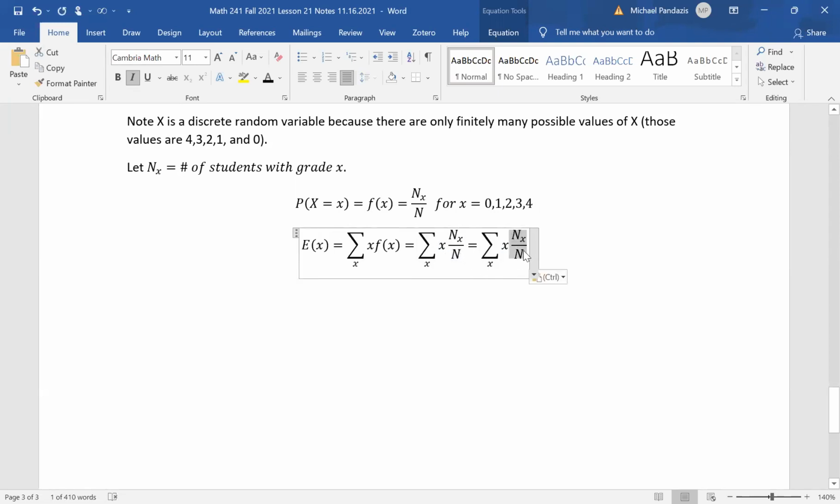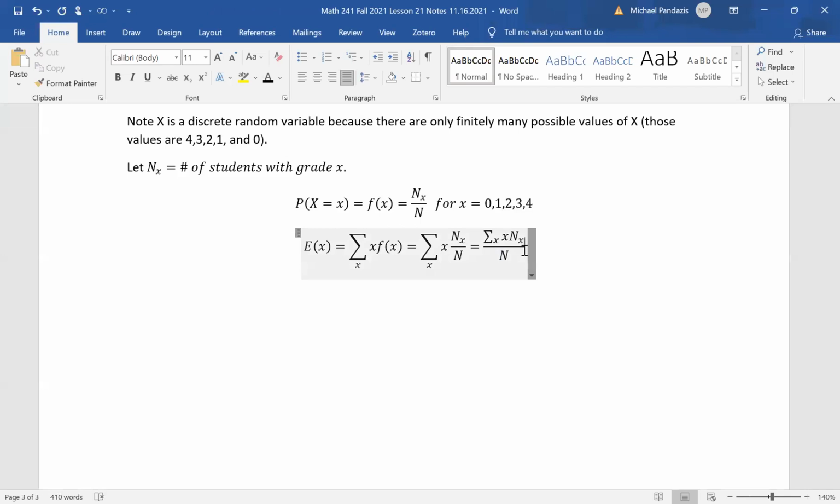And so you can move this constant out. This 1 over capital N is a constant. So you can divide this entire sum by capital N instead. Instead of taking sums where you're multiplying each term by 1 over N, you could take the entire sum of the other two products and then divide the entire sum by capital N.